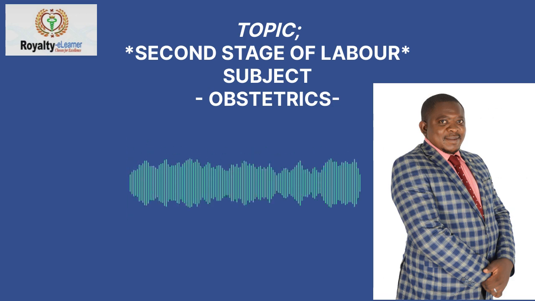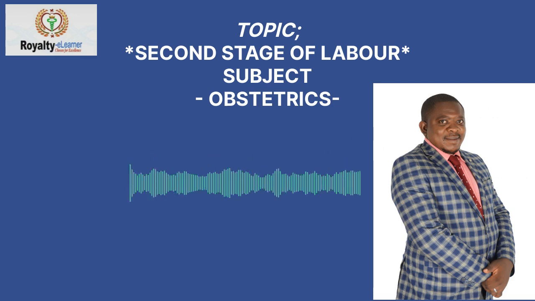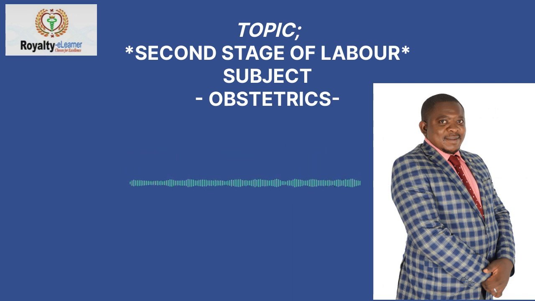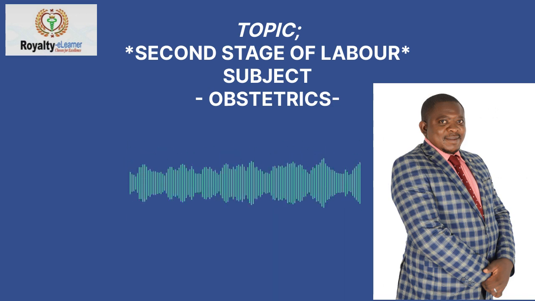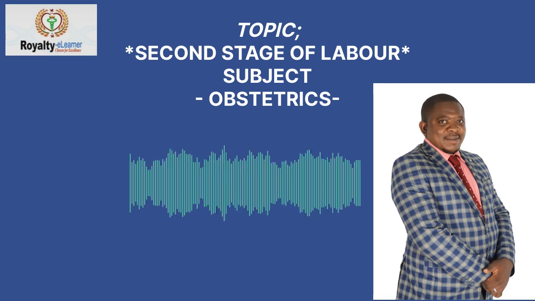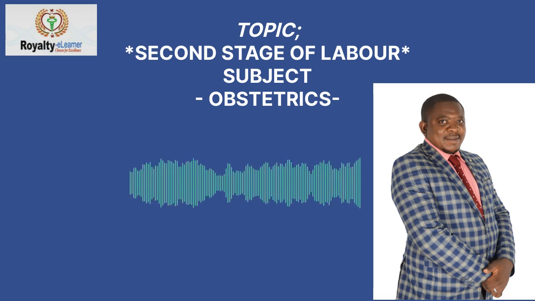Then we look at delivery of the head. After the head comes delivery of the shoulders. Then there is immediate care of the newborn. Then afterwards, we'll talk about complications that can occur during a second stage of labor. Okay, so to begin the management of second stage of labor, let us now look at preparation for delivery.